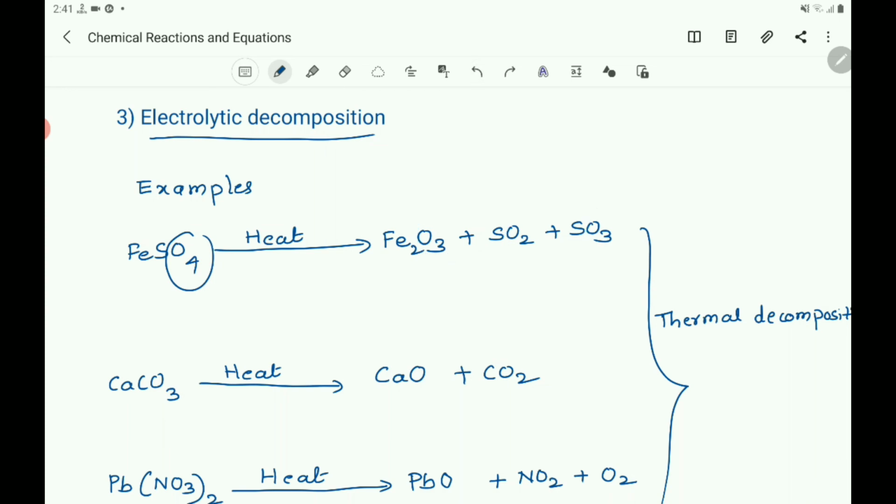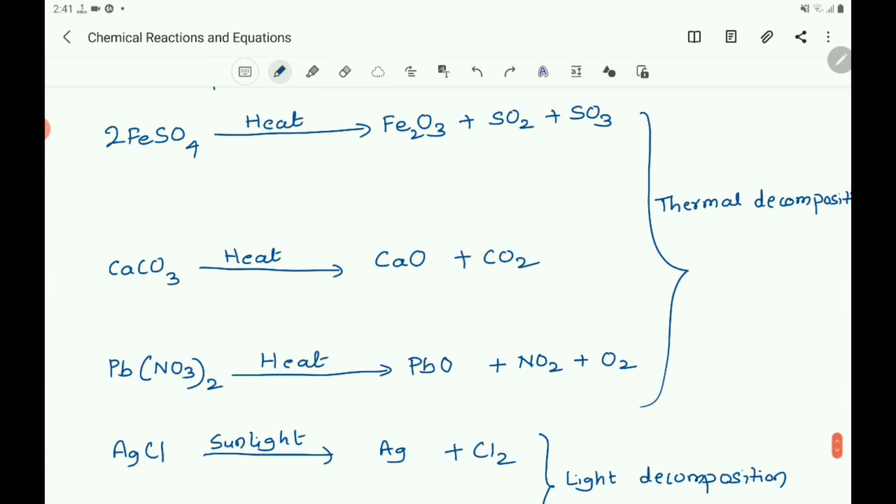And here you can make it 2. Then it becomes the balanced equation. 2 Fe is there, and 2 S atoms are there. So now it becomes balanced.